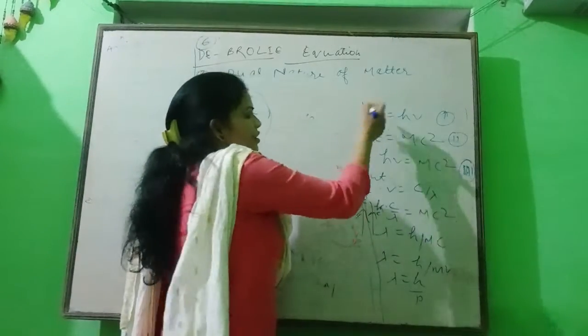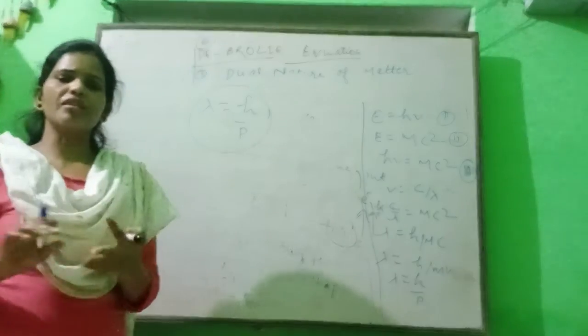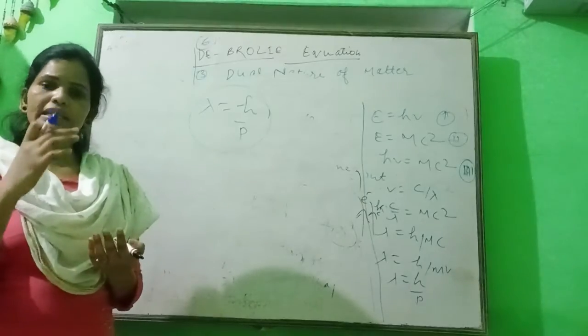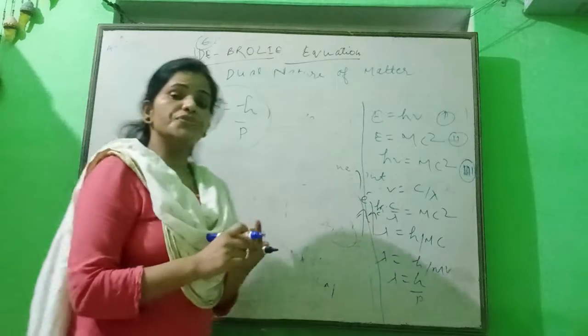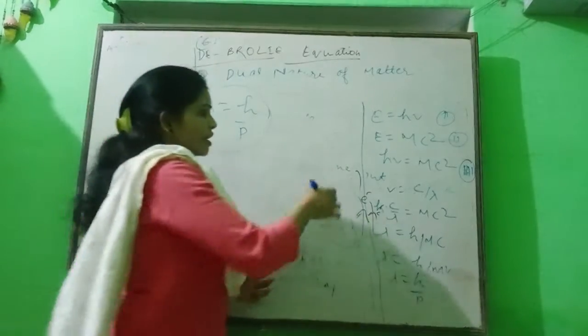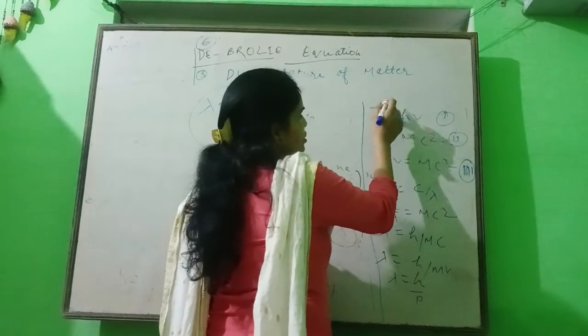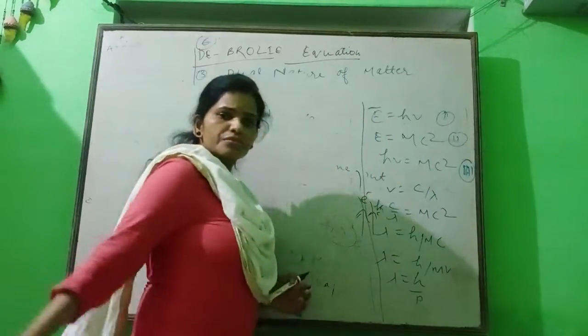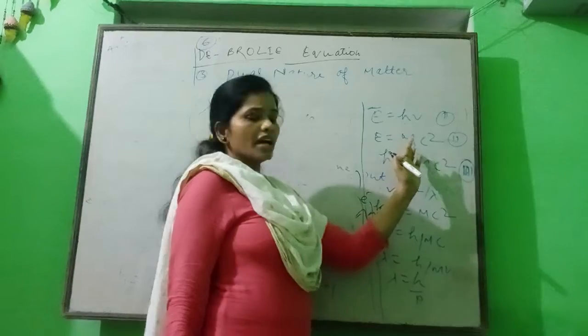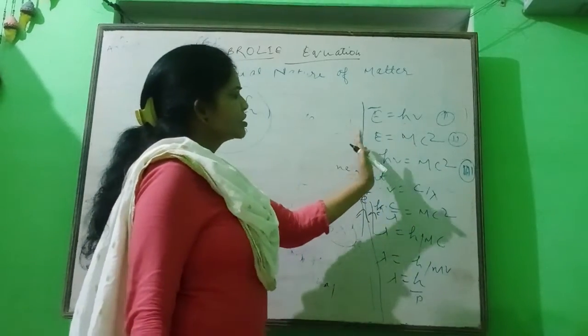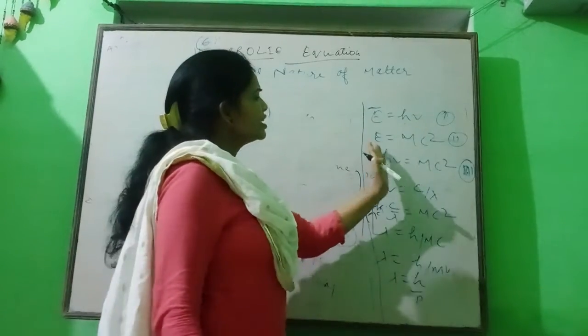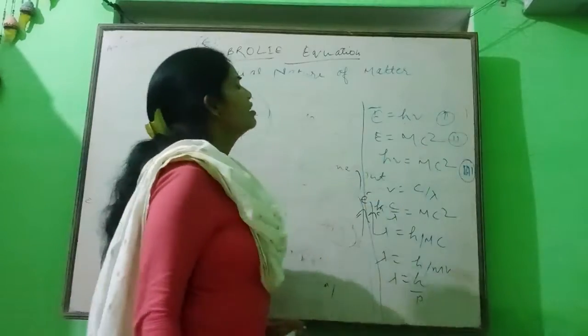You know photons, meaning light, is made up of particles. Light is made up of photons. A single photon contains E is equal to h into nu.